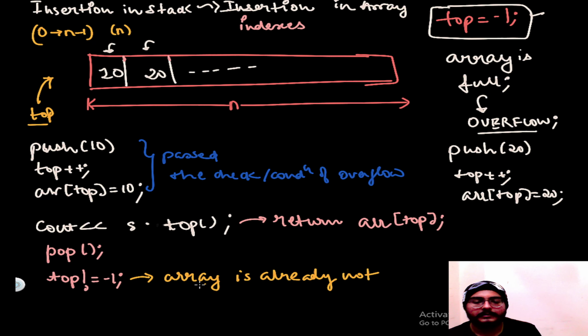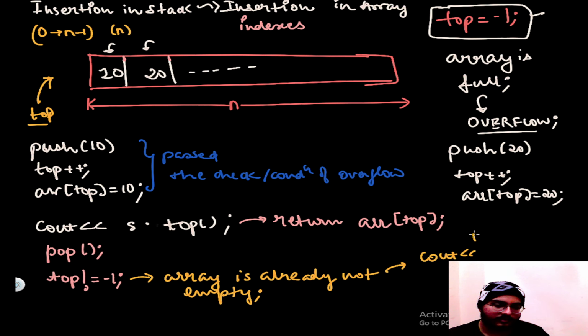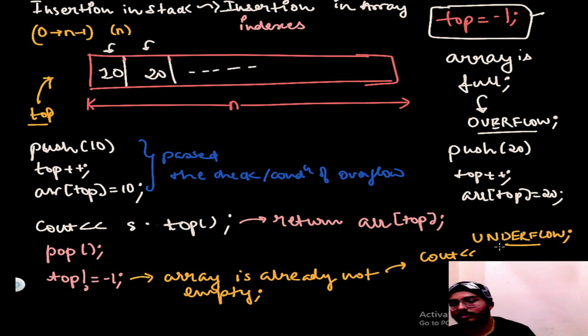It could happen that my array is empty and the user is again calling the pop function. So if this condition is there, then we should cout underflow. Let me write underflow over here. This should be done if top is equal to -1. This should be the condition.